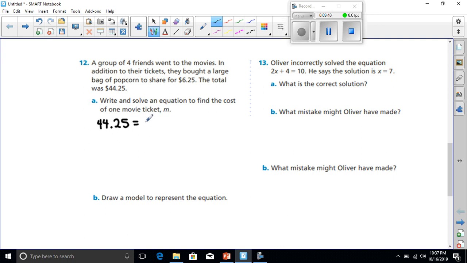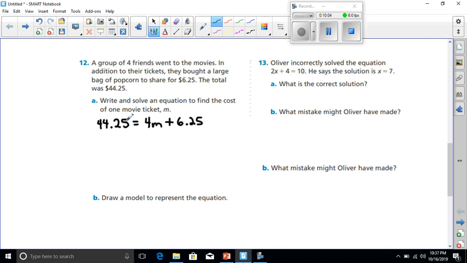So we know that there are 4 people going to the movies, so that's going to be 4 times M. They all shared the popcorn. They didn't each buy an individual bag of popcorn, so they're going to add $6.25 through their cost. And now we have our equation.